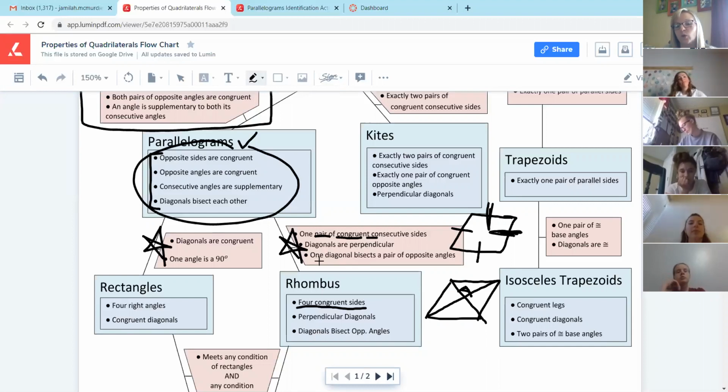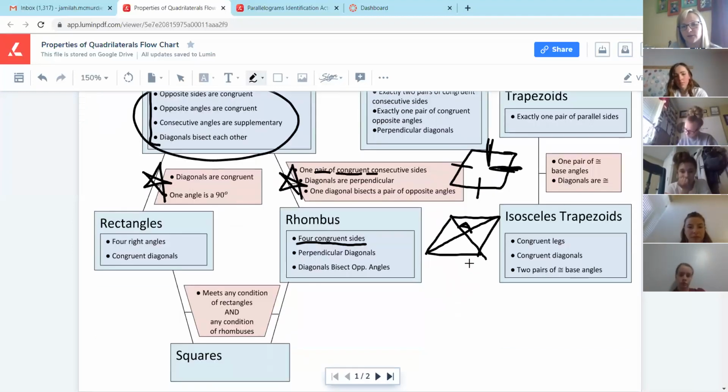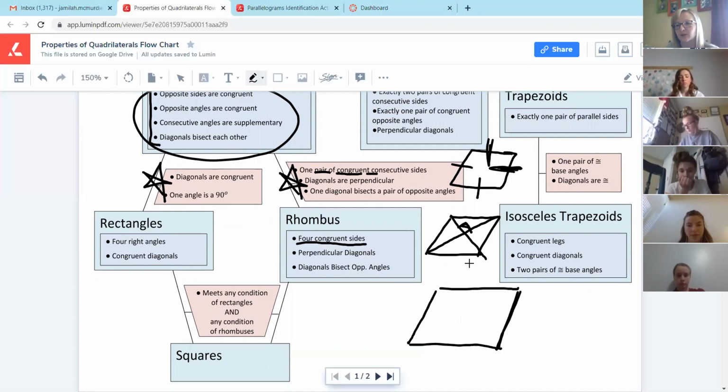Okay? And then if one of the diagonals is bisecting opposite angles, let me show you what that looks like, sort of. Obviously, the picture is going to be struggly because I struggle. But if you have a diagonal, the notation if we bisect opposite angles is that these 2 angles are going to get cut exactly in half.